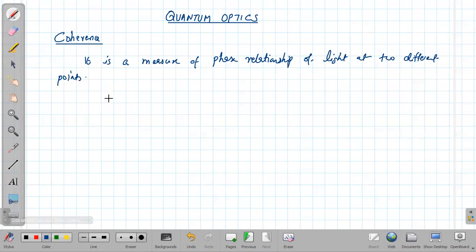So what is meant by this phase relationship? Suppose we have an electric field. Classically, the electric field at some position r and time t we can write as E0, the amplitude, times cos of (k dot r minus omega t plus phi).